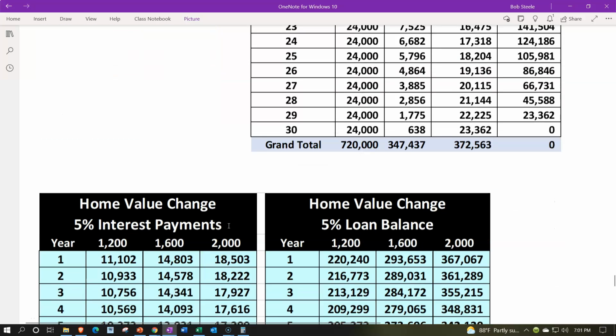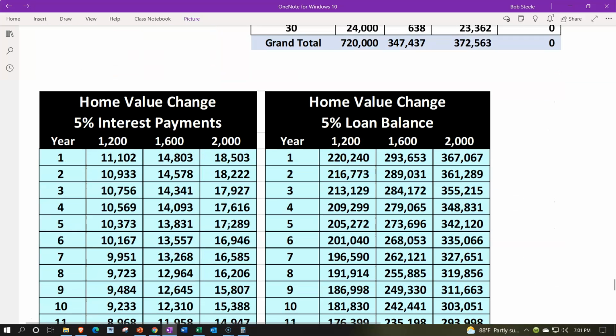We can do some side-by-side comparisons, such as this, copying from the pivot table, as we'll do in our practice problem. If you want to take a look at how this might work, we could say, for example, what would be the home value if the home value is the item that's going to change, holding the interest rate at 5% and changing the payments from 1,200 to 1,600 to 2,000.